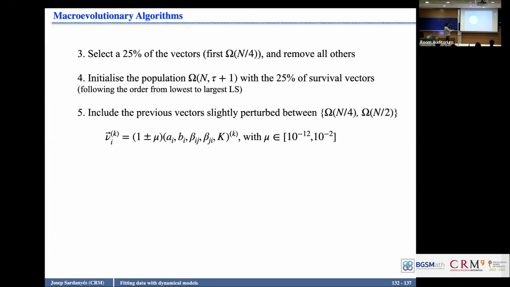So I multiply every parameter by introducing plus minus mu, and this mu is randomly chosen between 10 to the power minus 12 and 10 to the minus 2. So I'm making slight variations and choosing it randomly. I do it this way. You could do it another way.